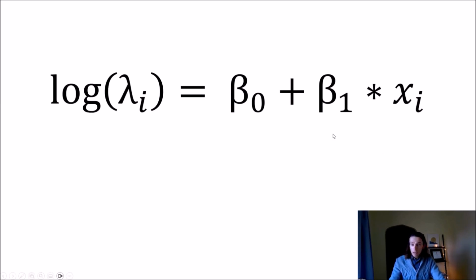First, we model the expected abundance, the lambda, across multiple sites, indexed with i. Our expected abundance is a log-linear regression where we have an intercept, beta 0, a slope, and some predictor variable. This could be climate, forest cover, whatever you want.